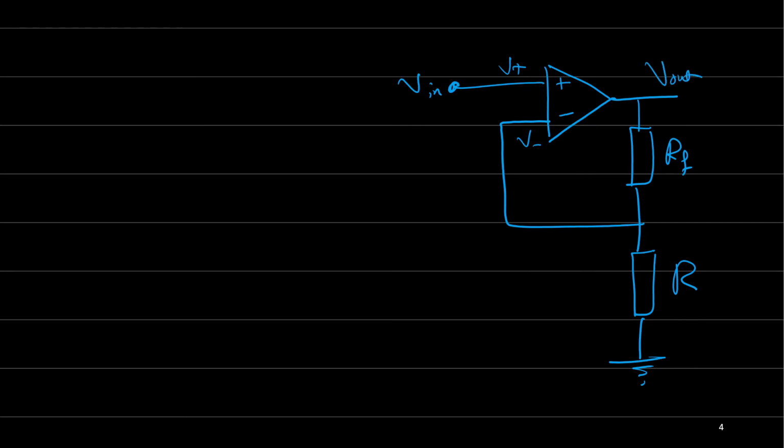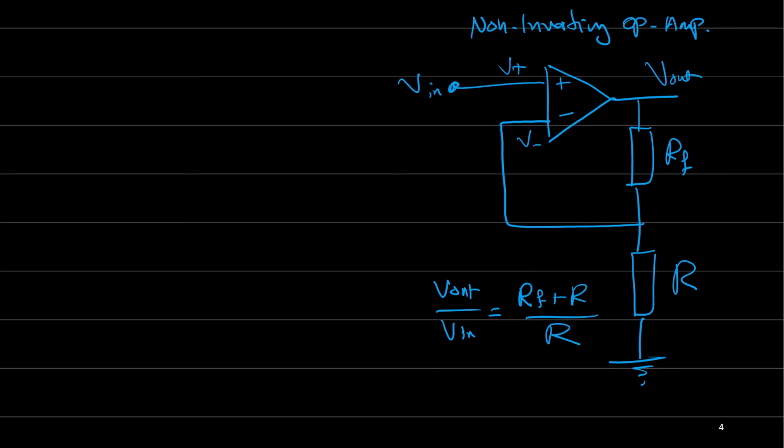This is the non-inverting operational amplifier circuit, and we know that V out over V in equals R feedback plus R over R, right?